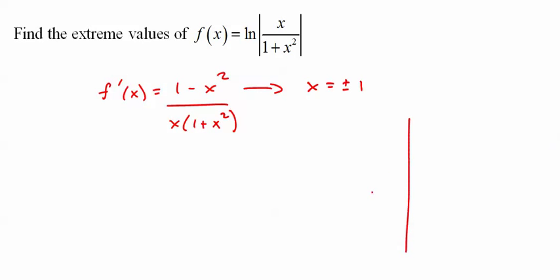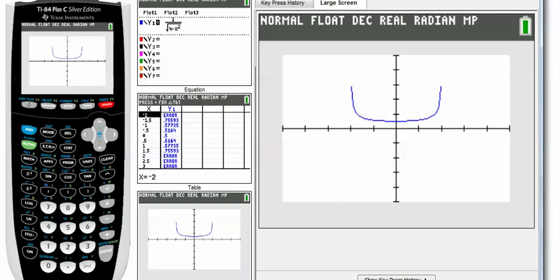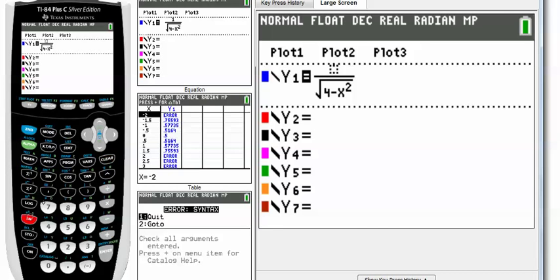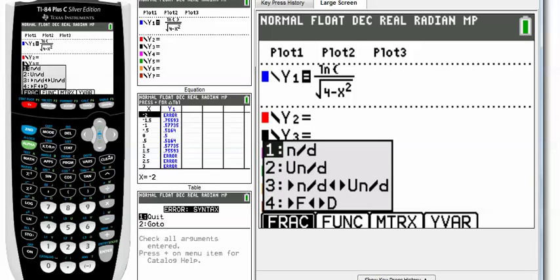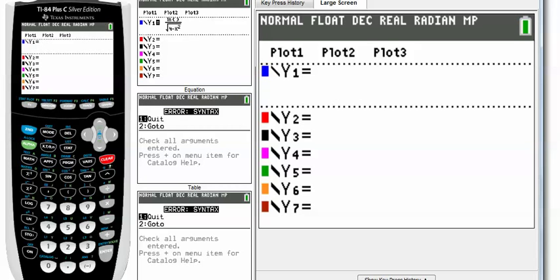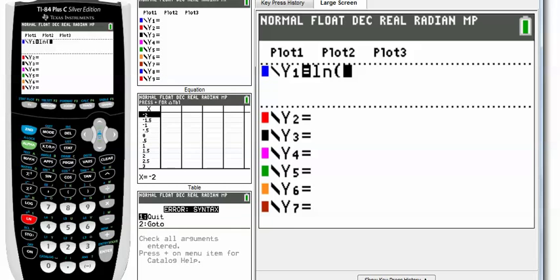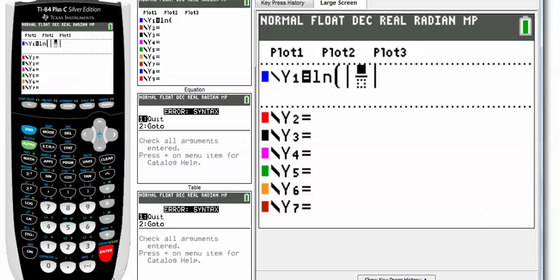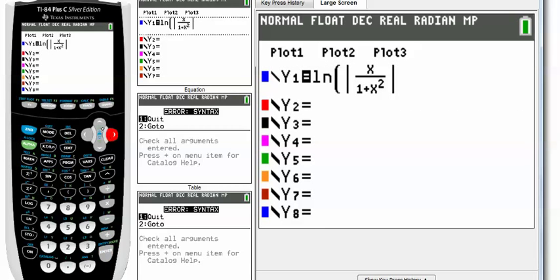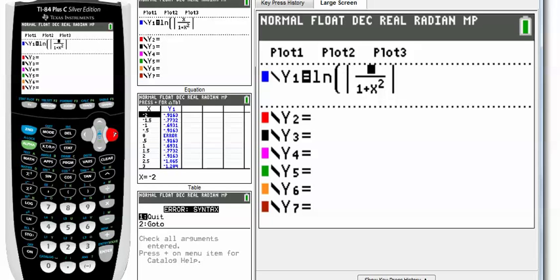Well, for a change, we're just going to straight graph it. See what happens. Y equals, let's clear this, natural log, math, enter, and yes, I know there's other ways to find that, fraction, x over 1 plus x squared, enter, got my parentheses, shouldn't matter, but might as well be thorough.